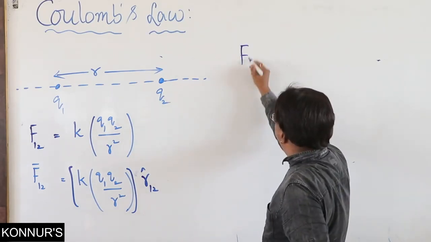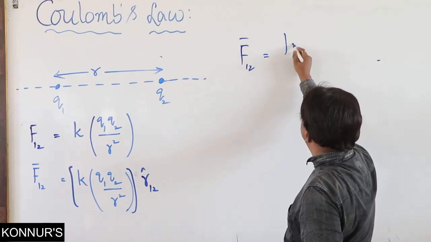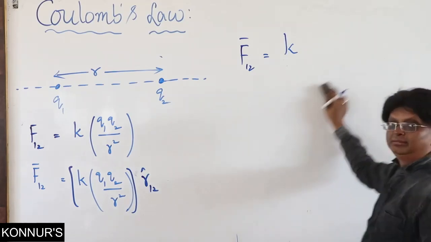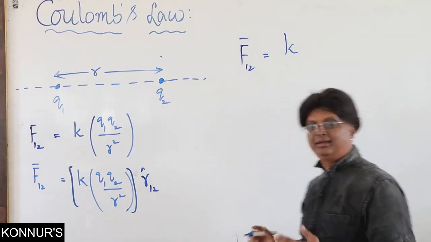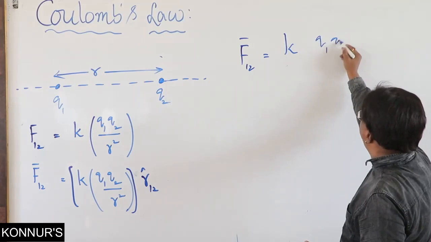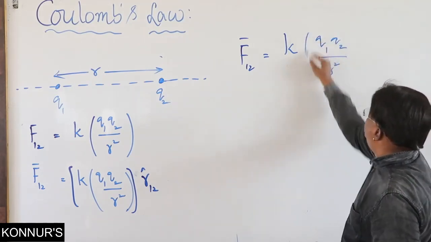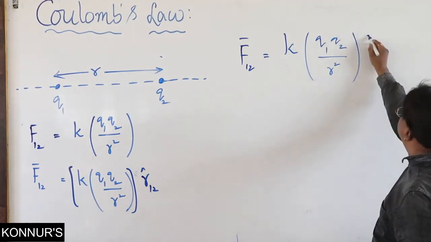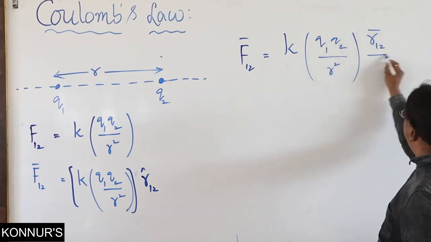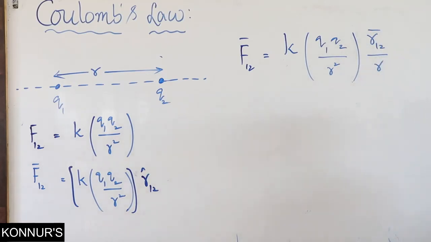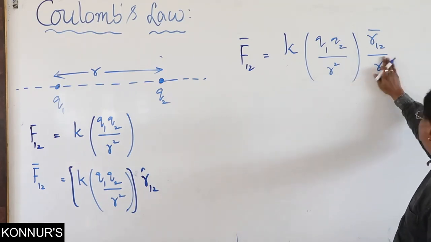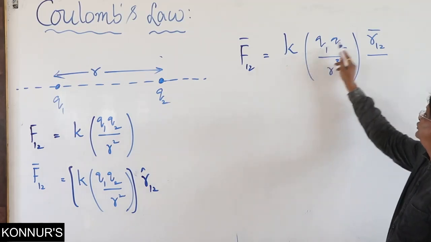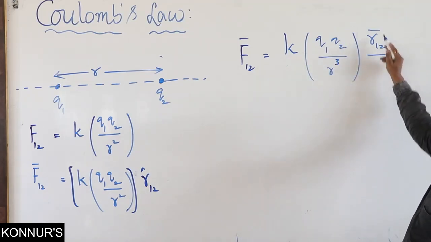Therefore now F12 bar is K times, what is that K? 1 by 4 pi epsilon naught, magnitude 9 times 10 raised to 9, times Q1, Q2 by R squared times R12 cap, whose definition is R12 bar by R. Right? This R square into R, we can write as R cube. So F12 bar is K times Q1, Q2 by R cube times R12 bar.